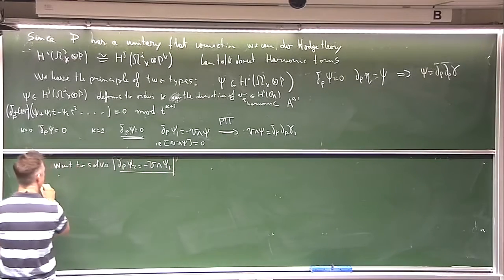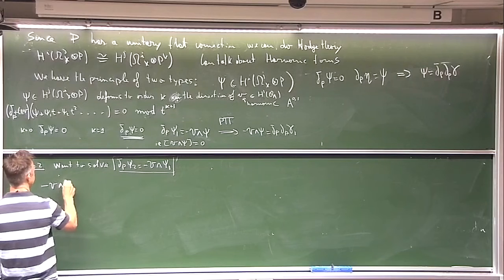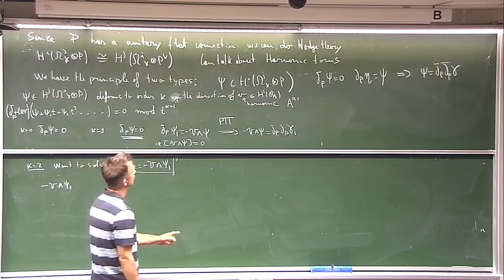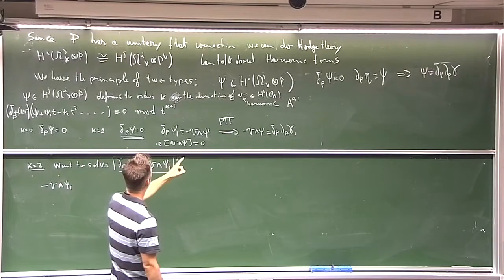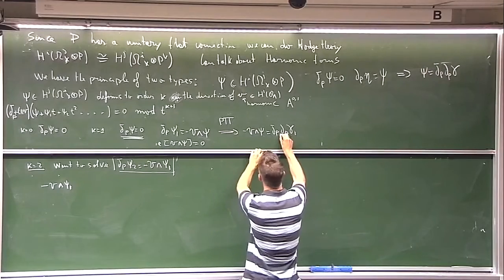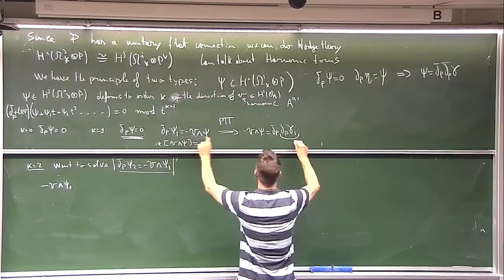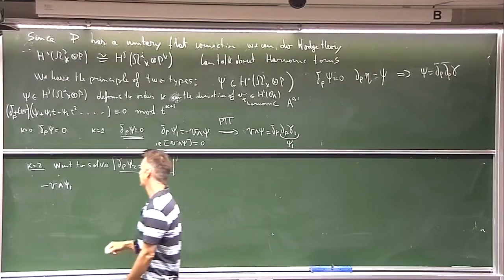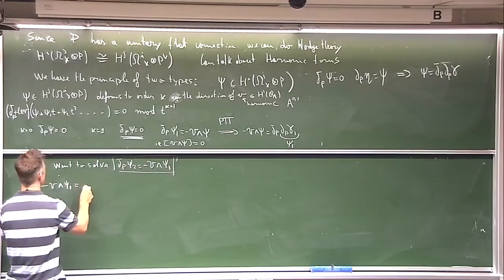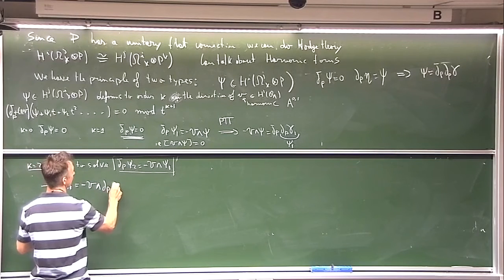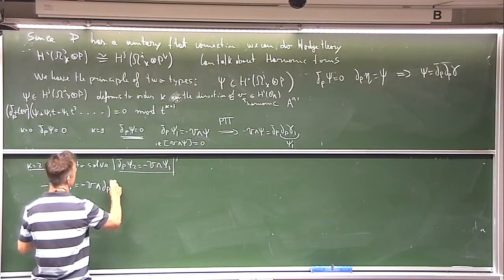So what do I know about minus v wedge psi 1? When I look at this, I can re-choose my psi 1 to be del gamma 1. So this is going to be minus v wedge del of gamma 1.